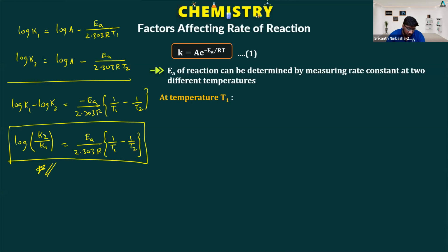So if the rate constant at one temperature is known to you, and the two temperatures are known to you along with the activation energy, you can calculate the rate constant at a different temperature. This was the relationship between rate constants at two different temperatures. If you know the rate constants at two different temperatures, and you also know the temperatures, then you can calculate the activation energy also.